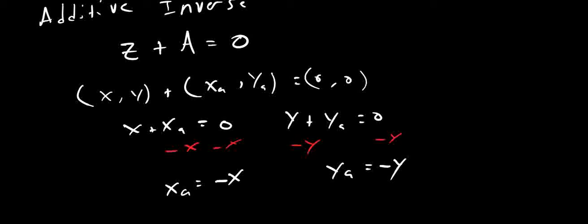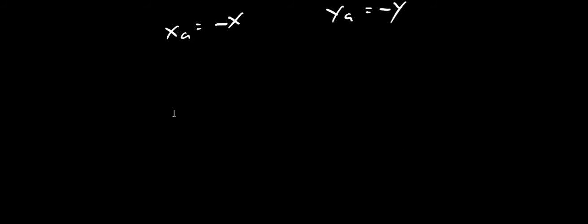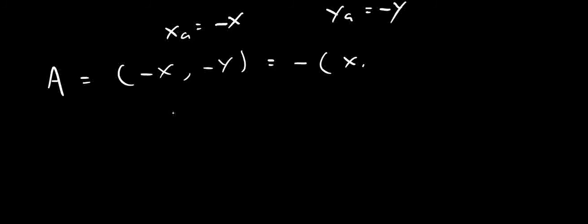And so we can say that our additive inverse for any complex number is going to equal minus the x value of our complex number, minus the y value of our complex number, which is equal to, we can pull our negative out front, and we get minus x comma y, which is just the negative of whatever our initial complex number is.